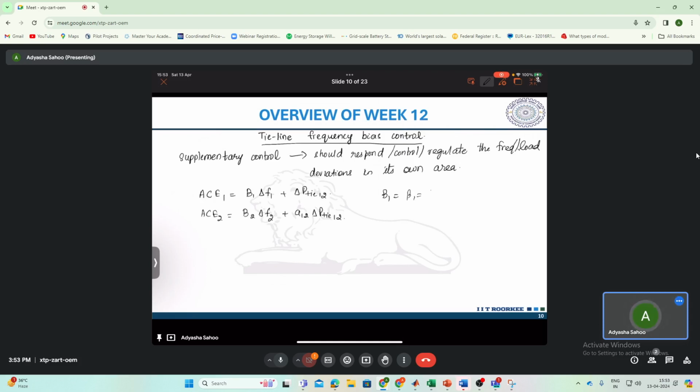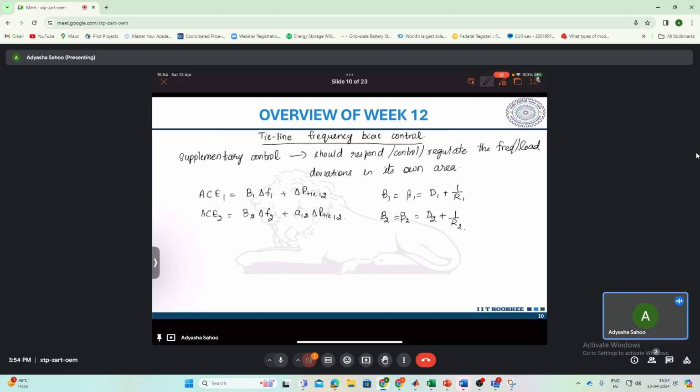That is B1 equals D1 plus 1 by R1 and B2 equals D2 plus 1 by R2. So basically what we do, we add an integral controller which will make this area control error ACE to 0.